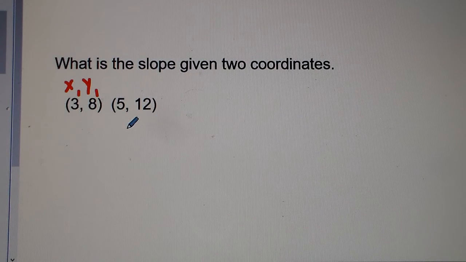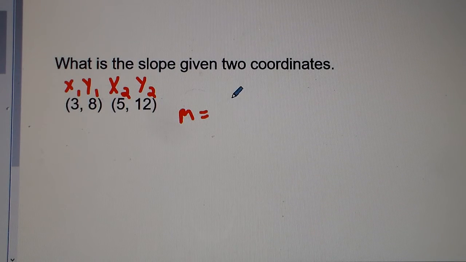Now this is the second coordinate, so what number do you think is going to be in the bottom right-hand corner? Well, since it's the second coordinate, it's going to get a 2 in the bottom right-hand corner. So this is x2 and y2. Now, once you identify the numbers to its appropriate variable name, you can then just plug these numbers into the slope formula.